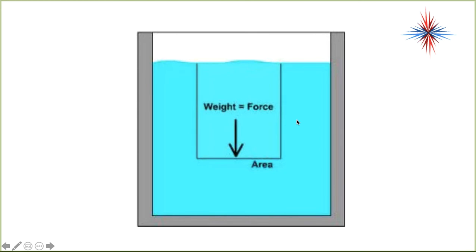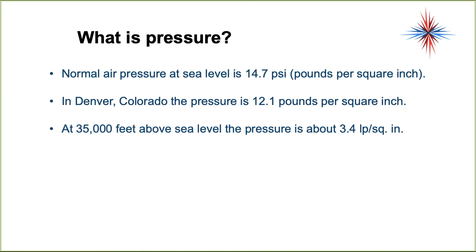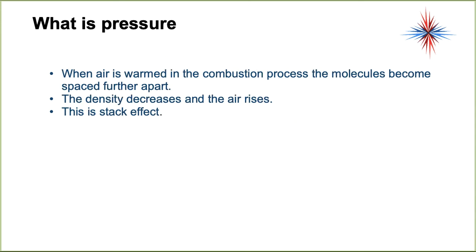It doesn't matter what direction, but pressure always works at right angles. Normal air pressure at sea level is 14.7 psi. I guarantee you need to know that. In Denver, Colorado, the pressure is 12.1 psi. At 35,000 feet above sea level, the pressure is about 3.4 pounds per square inch.